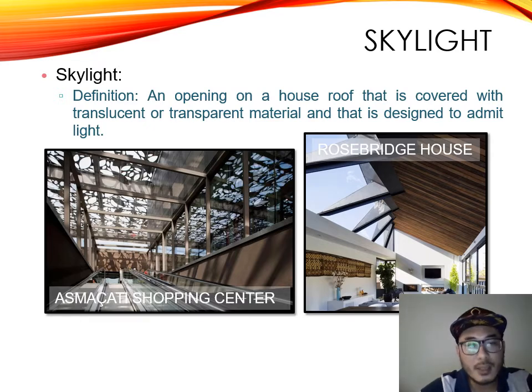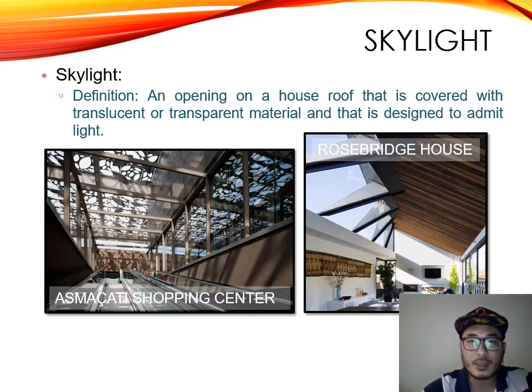For example, in this photo on the left, Makati shopping center shows that the skylight is huge. At the same time, it has a beautifully designed shading device on it. It is a fixed shading device from what I can see. That means it allows a small percentage of light to enter the building's internal space.